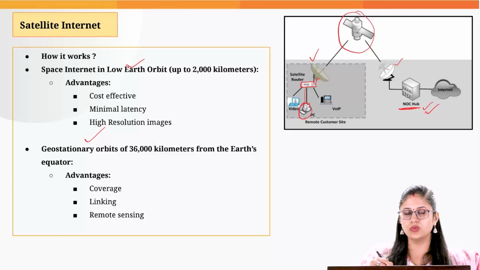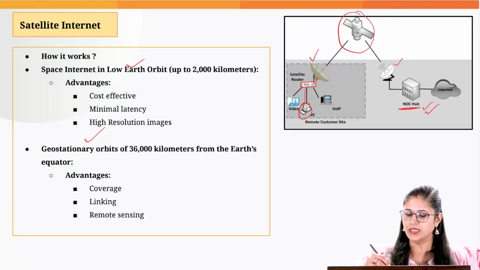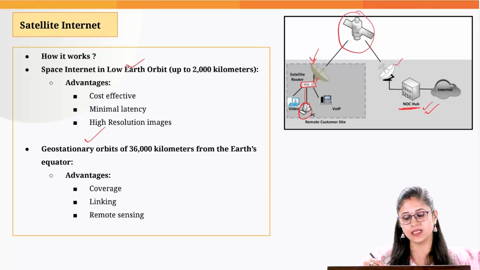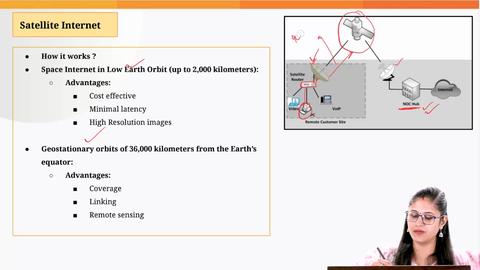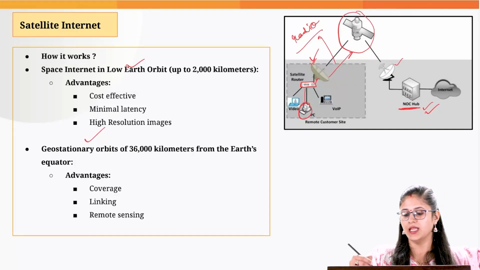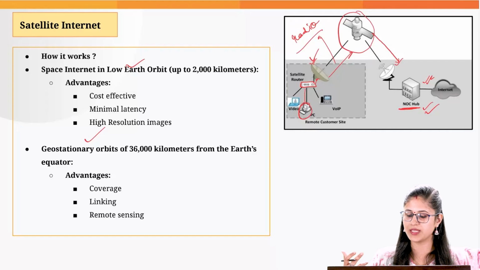Once the user tries to retrieve an email or download a photo, this satellite dish would send the signal to the satellite in space, and the signal would be sent in the form of radio waves. Now this satellite would send this request to the network operator, and the network operator would process the request of the user.